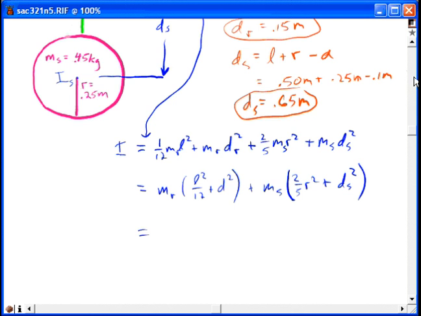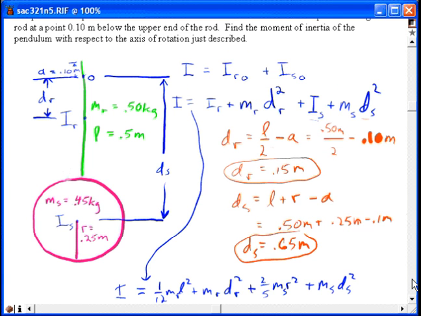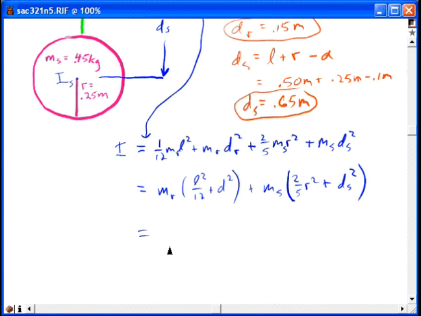Mass of the rod given as 0.5 kilograms and its length 0.5, so 0.50 meters, of course, for the length. And that's divided by 12. And then this is d sub r. D sub r we found to be 0.15 meters. Plug that in.